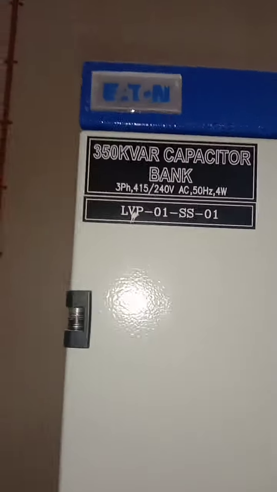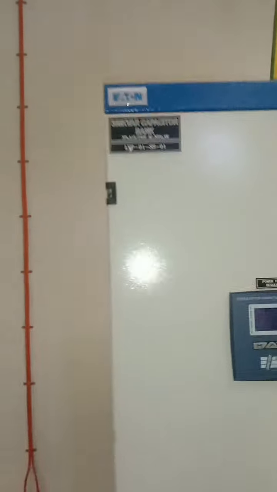This capacitor bank is rated 350 kilovolt ampere reactive. It will be able to reduce the angle between the active power and the apparent power, thereby increasing the power factor, which is cos phi.